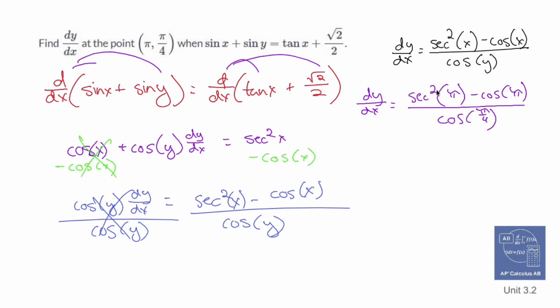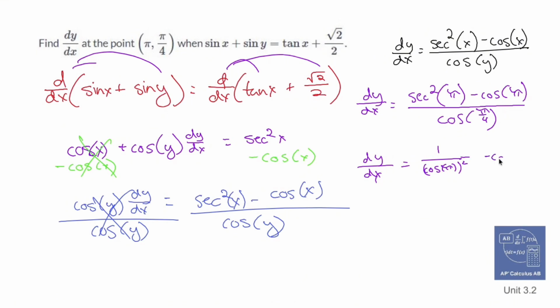Now, secant squared is 1 over cos squared. So if you don't have your secants memorized, here's a fun little trick. This is the same as 1 over cos pi squared.